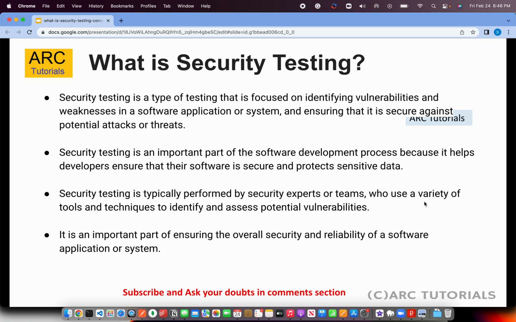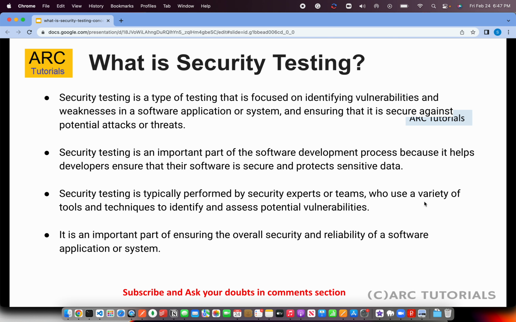So the first and foremost question that comes to our mind is what exactly is security testing? Security testing is a type of testing that is focused on identifying vulnerabilities and weaknesses in any software application or a system. It's an important part of the development process because, as the name suggests, it helps us keep the system or the software secure and protects our sensitive data.